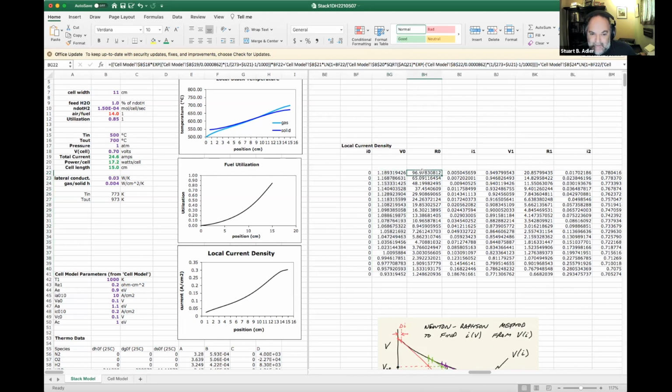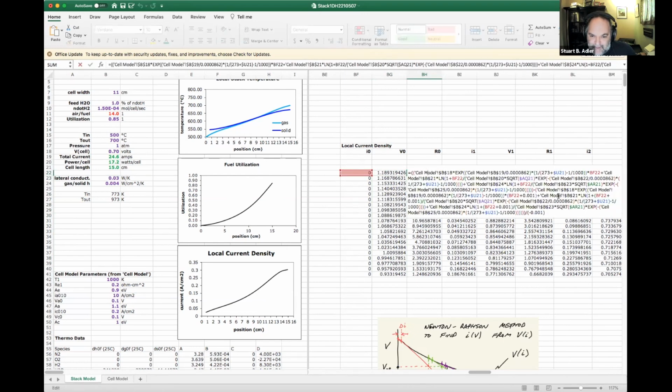We calculate a new voltage very close to that voltage, take the difference, divide by the difference in current, and that gives us a resistance. If we open up this cell, it's got a huge formula in it because it's got all of our overpotentials and ohmic loss and all of that. It's in there twice because we're taking it between two different points very close to each other, taking the difference and then calculating the slope.